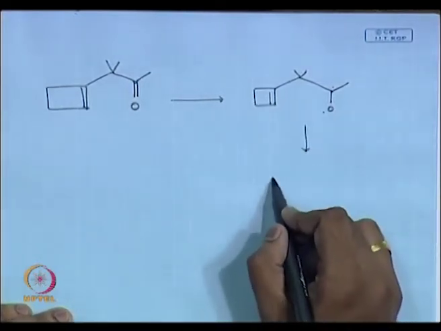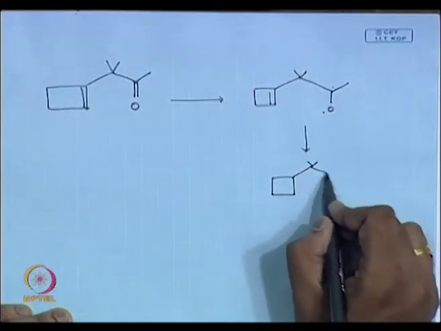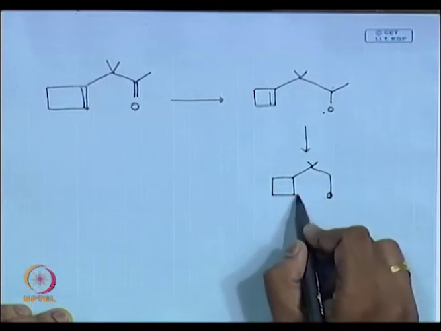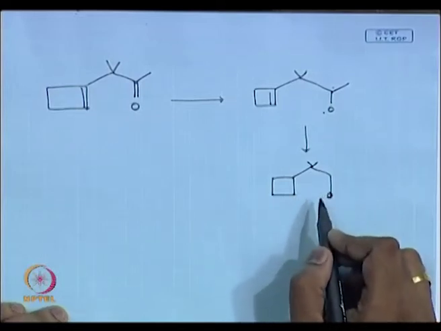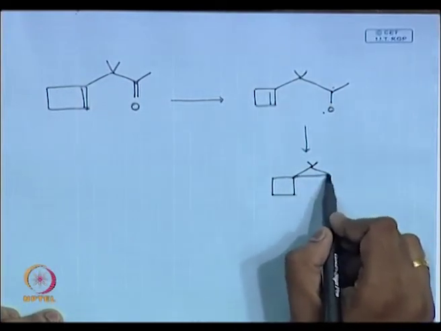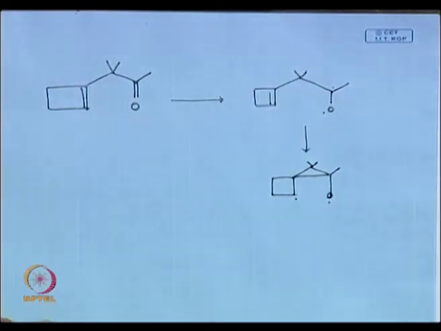Then I can do a nice cyclization across this. You have an O dot, you have a dot. Fine.